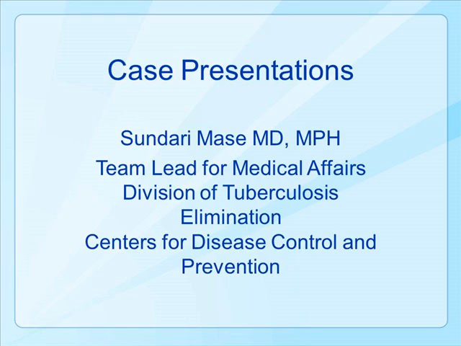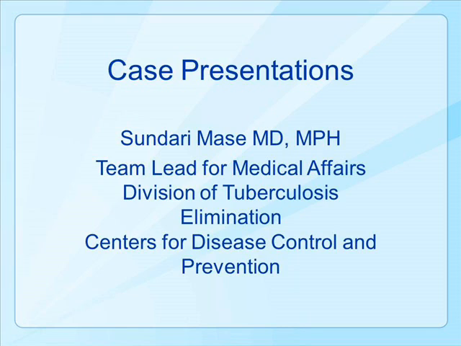And then I also want to give an example of a situation in which a Class A waiver has been granted for a patient to come to the United States despite being on TB treatment for active TB disease.